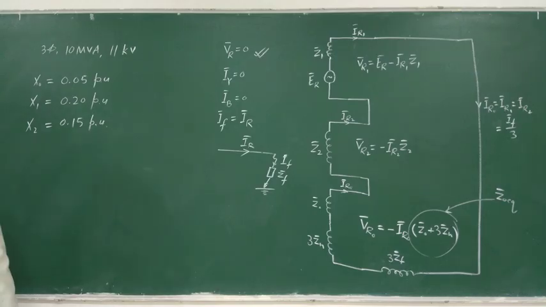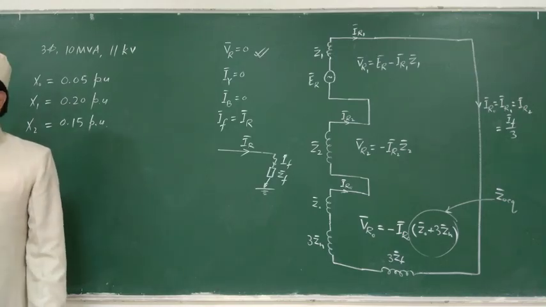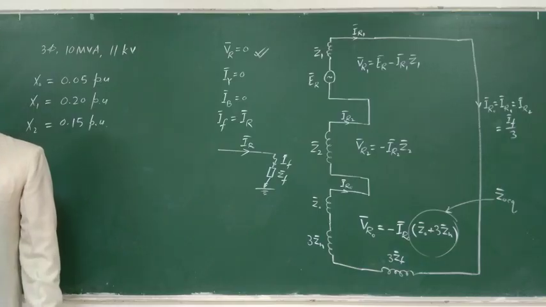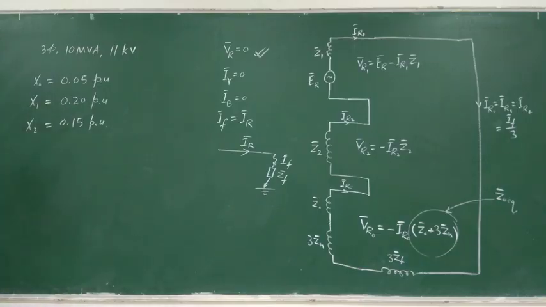Assuming that the alternator is not loaded, find the ratio of fault currents for single line to ground fault, SLG, more appropriate.